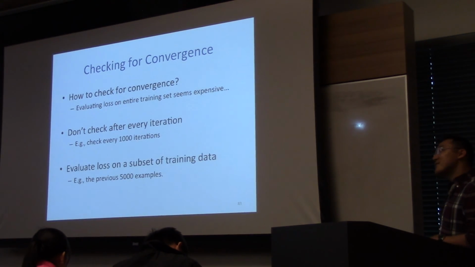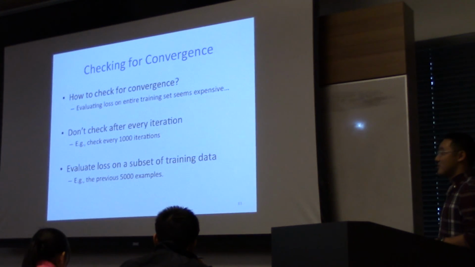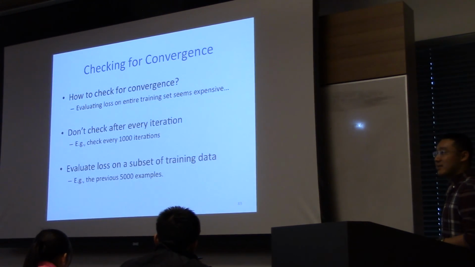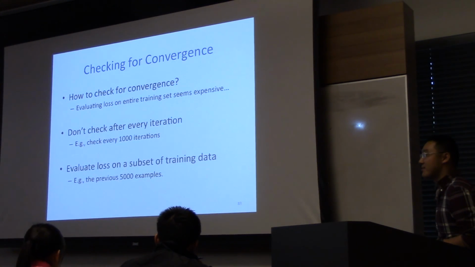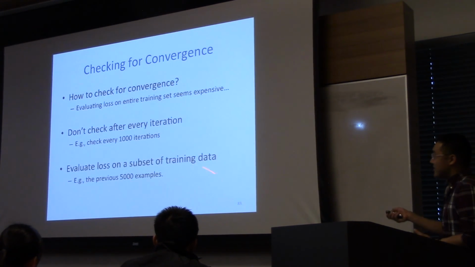You don't actually have to evaluate on the entire training set or validation set if you're doing early stopping. You can use subsets of the training data, right? So for example, the previous 5,000 examples. I'm just going to evaluate my loss on the previous 5,000 examples. And in fact, this is what people often do in practice as well. And again, this in expectation will give you the right answer.